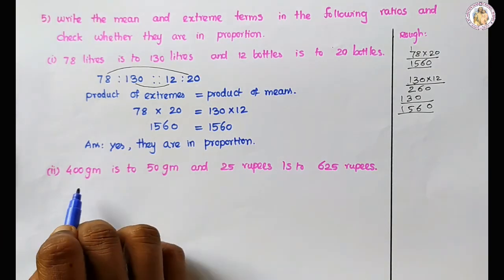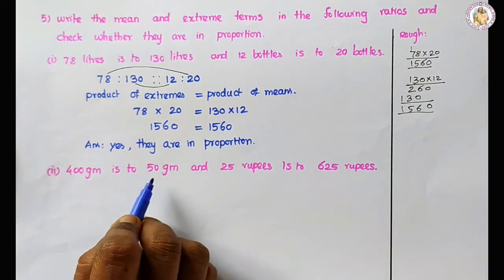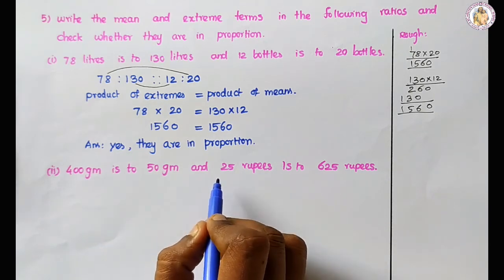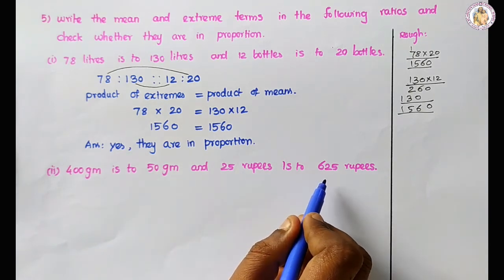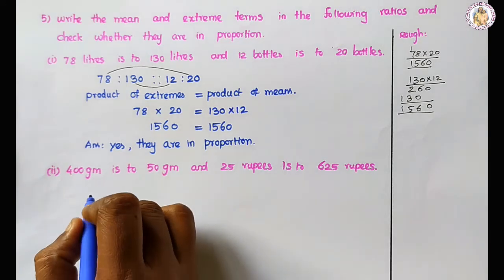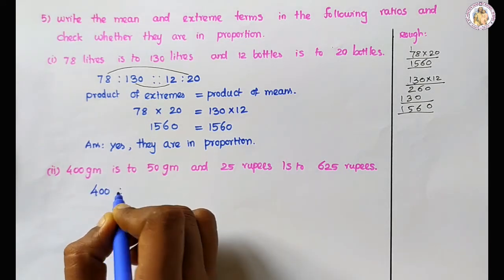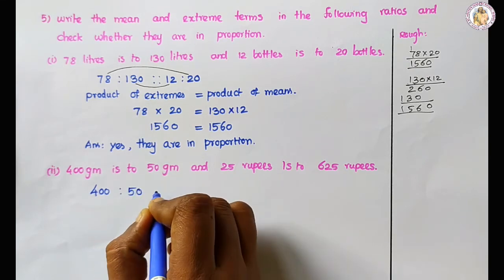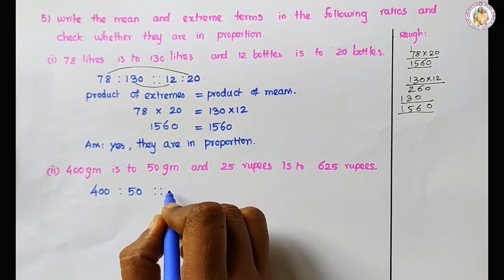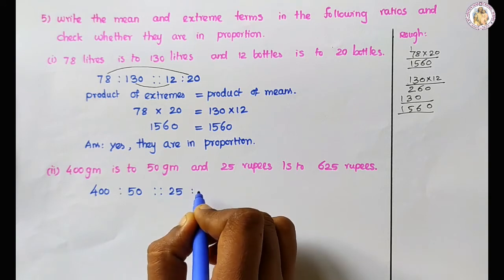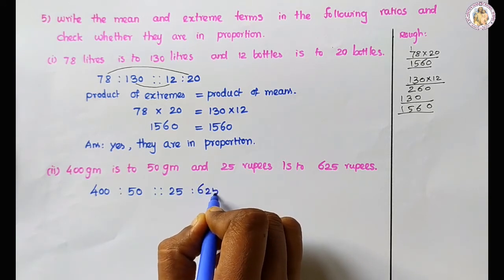Next one, 400 gram is to 50 grams and 25 rupees is to 625 rupees. Write in proportion means 400 is to 50 as 25 is to 625.